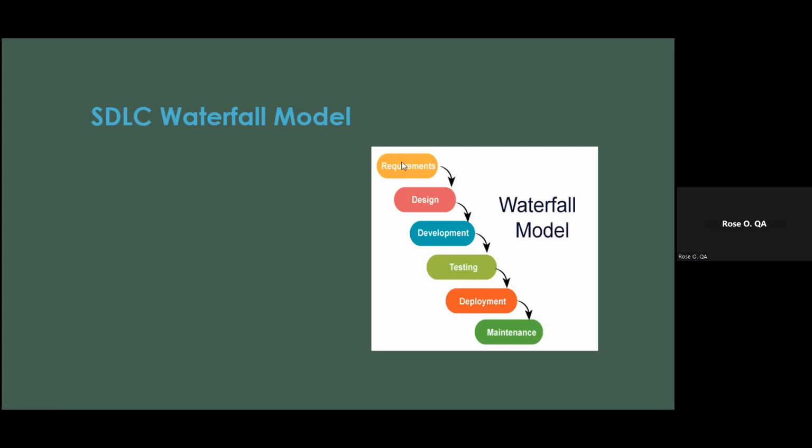The way this model works is that in the requirement phase, we've got business analysts and product owners. They are the big brains that speak to the clients and get all the information that we need as the development team. We are not in the picture yet.